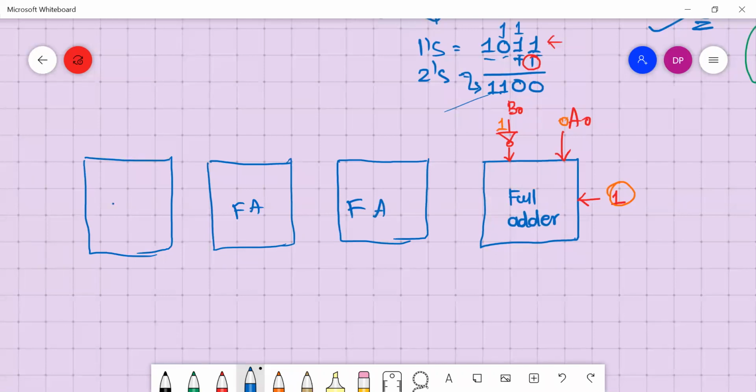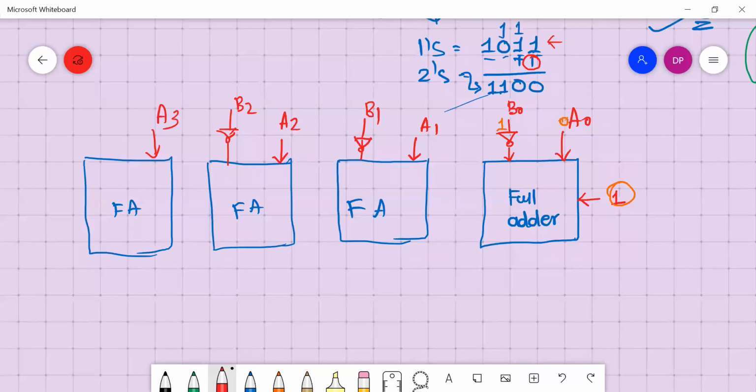And you can take it as A1, this is B1. And we'll take it as A2, B2, this A3, B3. All right.